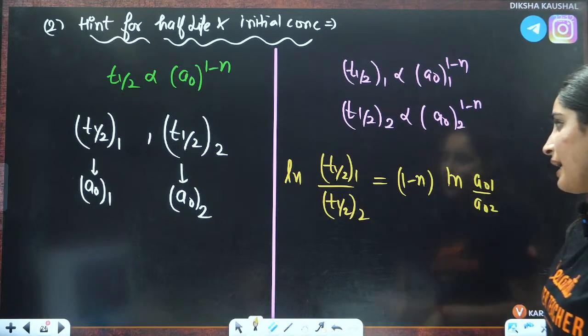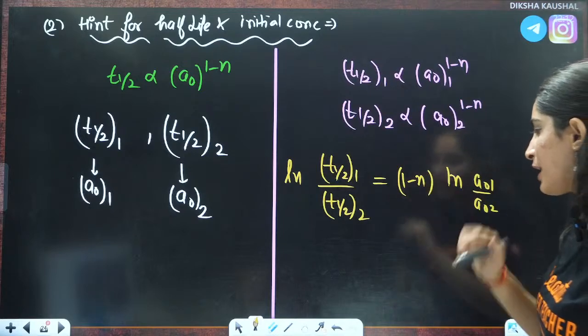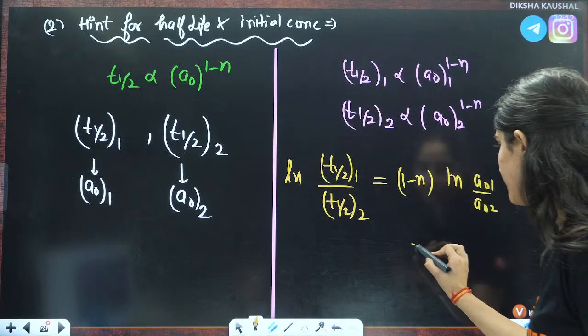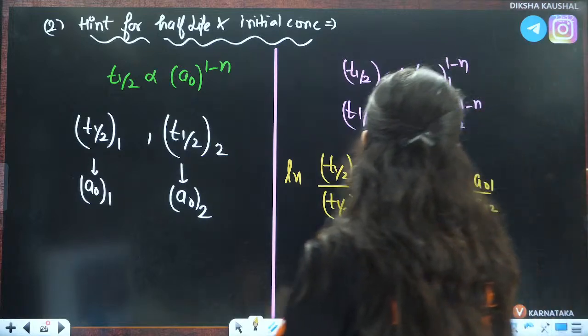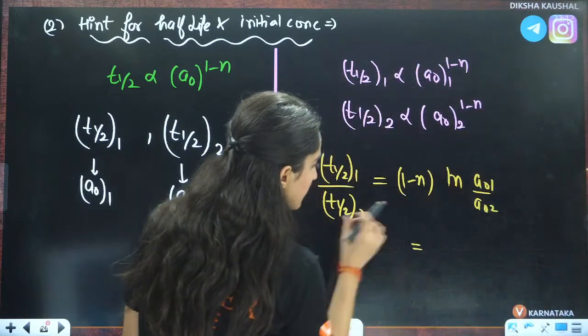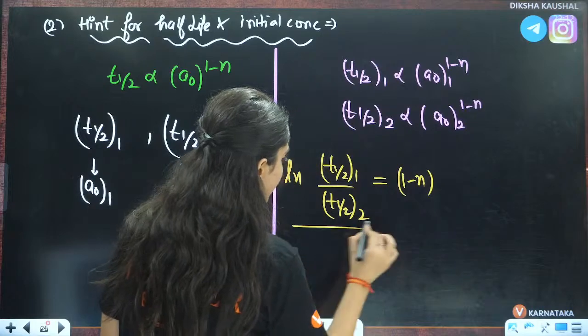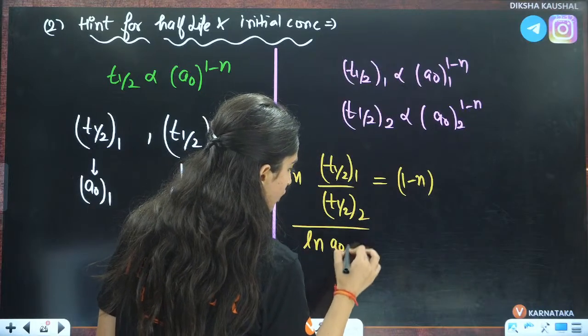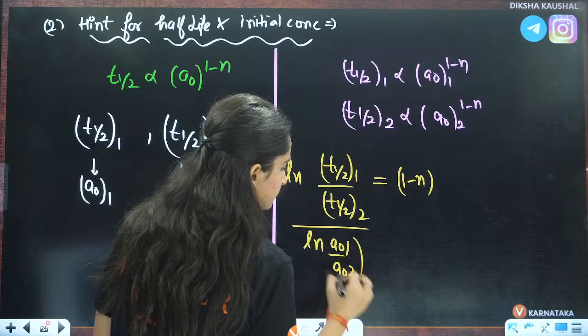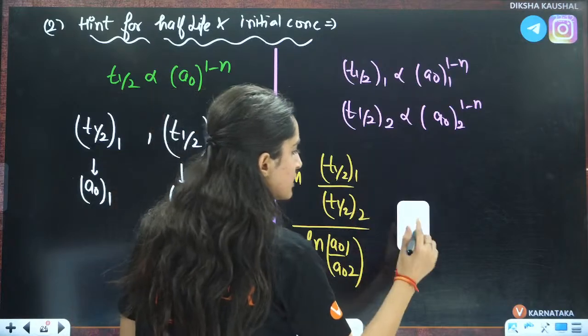Now, if you want to calculate the value of n from here, this will come in the division, divided by ln of A naught 1 by A naught 2. That is 1 minus n.